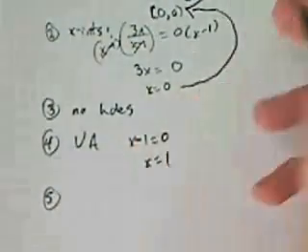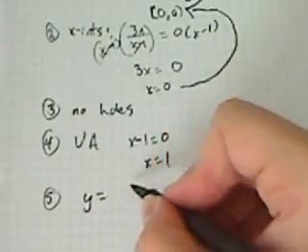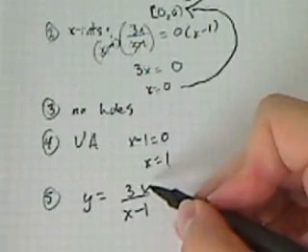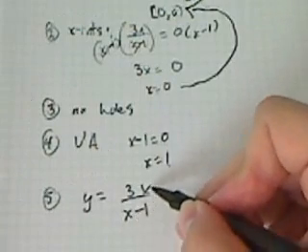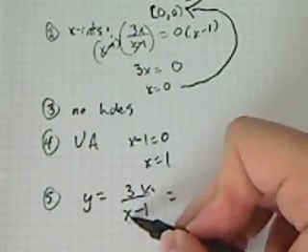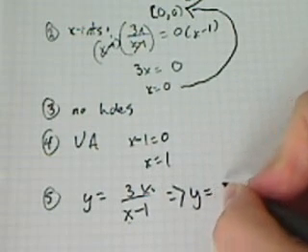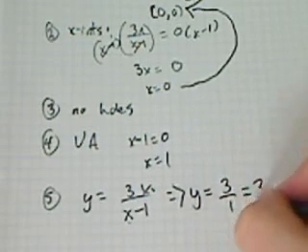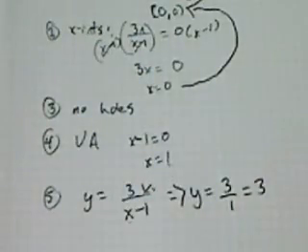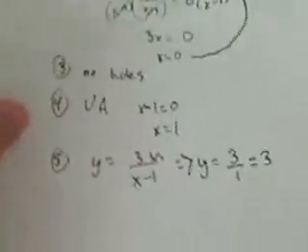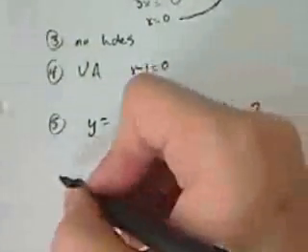Our horizontal asymptote, in this case we have 3x divided by x minus 1. We look at our coefficients because we have equal terms. We've got x to the first, so we'd have y equals 3 over 1, or just 3. Okay, will the function ever equal its horizontal asymptote? Let's check.